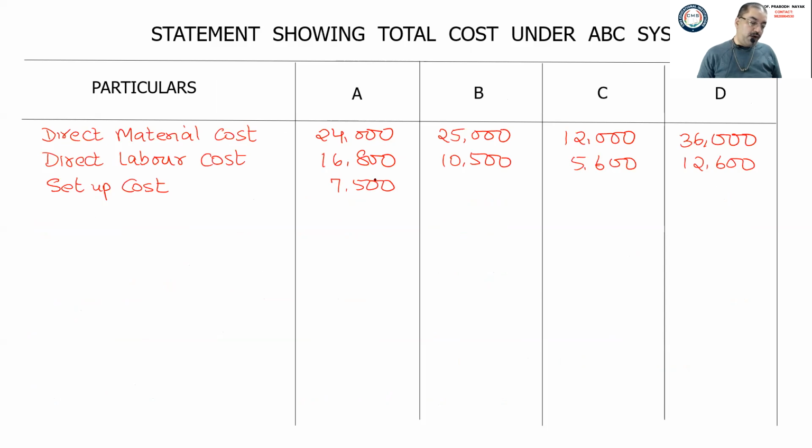Then 250 into 25 is 6,250. Then 250 into 20 is 5,000. Last one, 7,500.